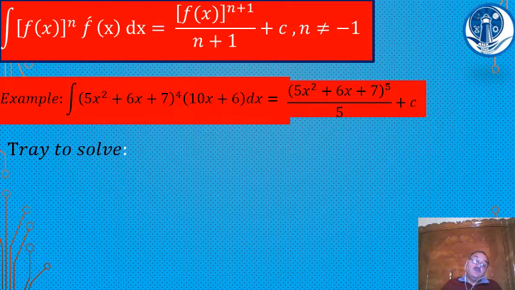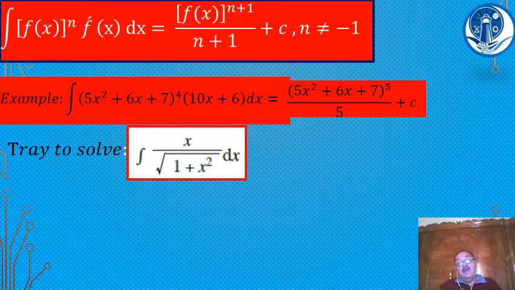Here, try to solve the integral of x over root 1 plus x squared dx. We didn't have division, we didn't have multiplication, but someone told me that we can make it multiplication.